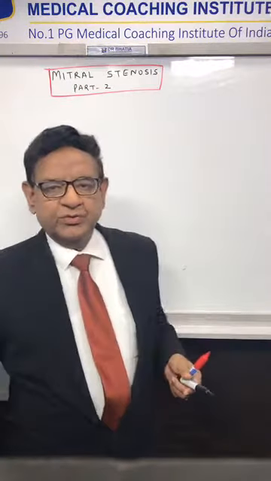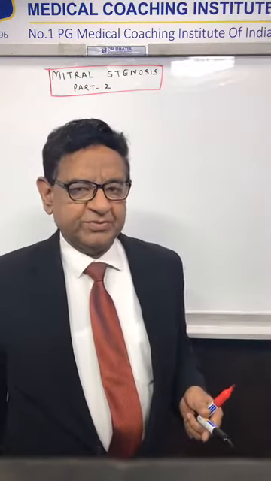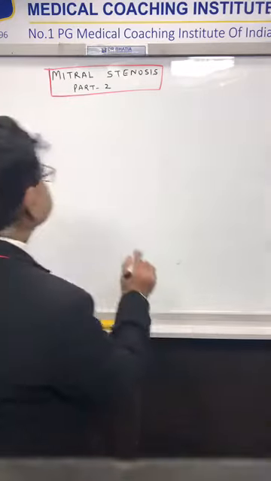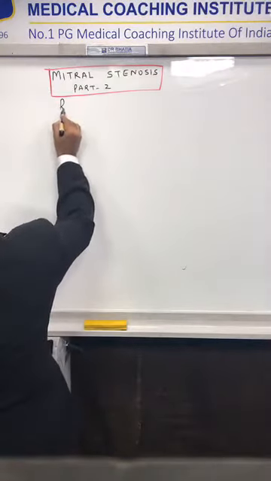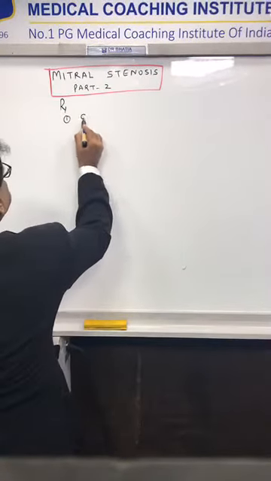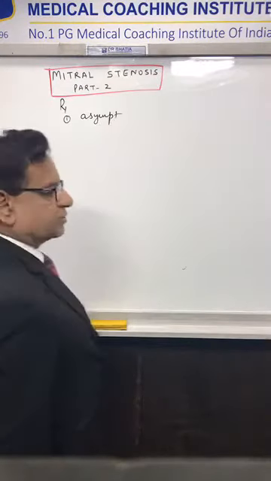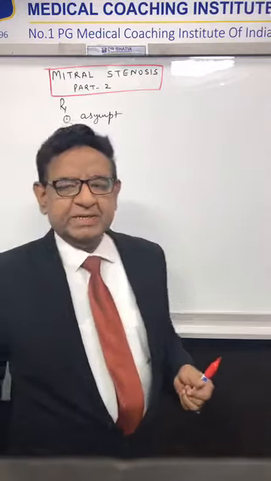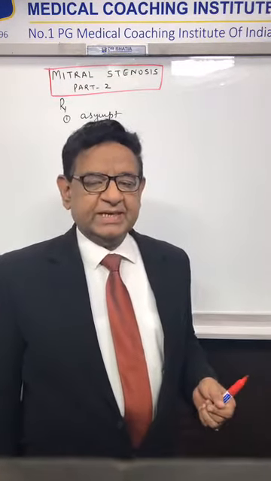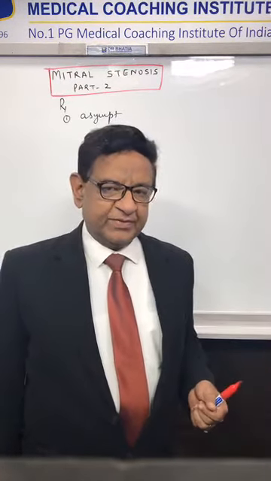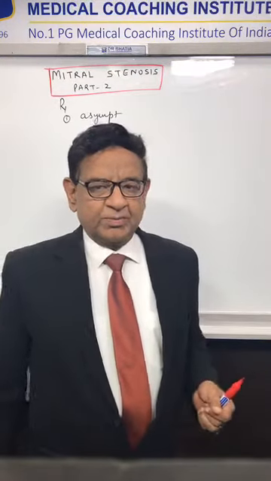So now we talk about the treatment of a case of mitral stenosis. Suppose the patient is asymptomatic. There is no symptom, and the patient is just diagnosed incidentally by echocardiography or in any other way. The patient has no problem.